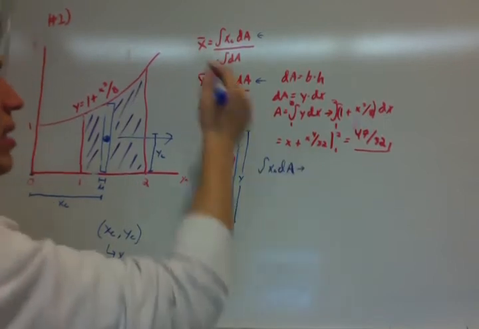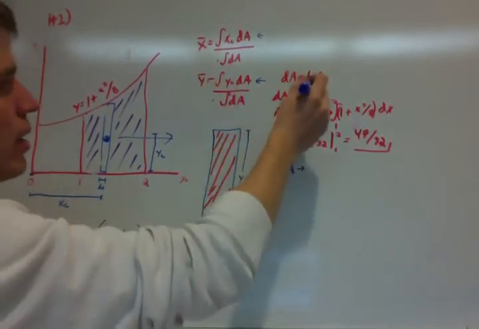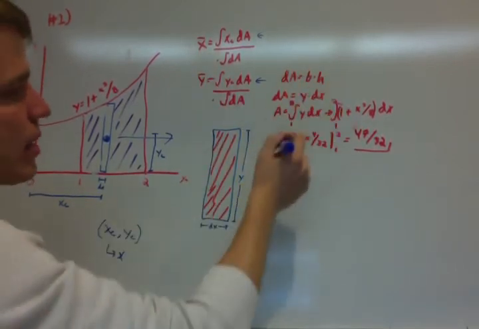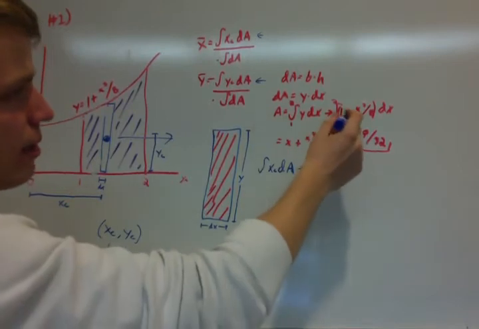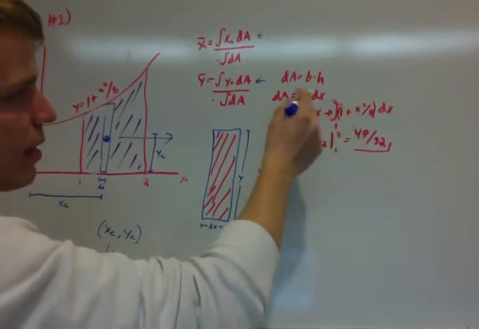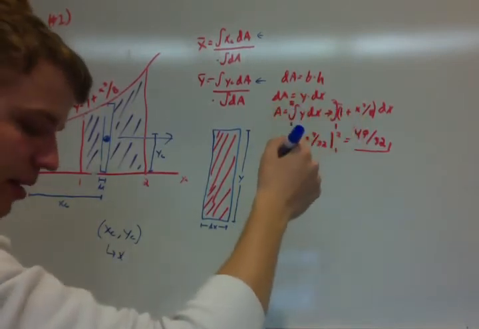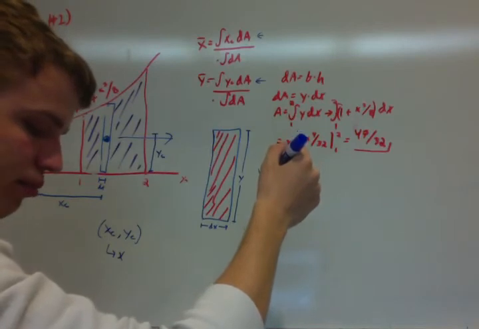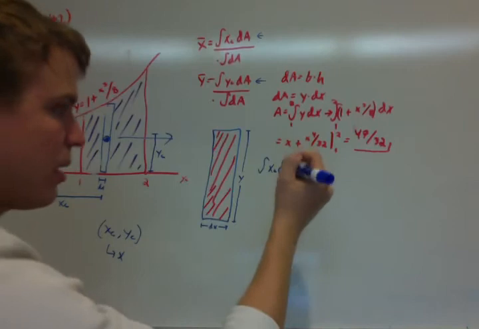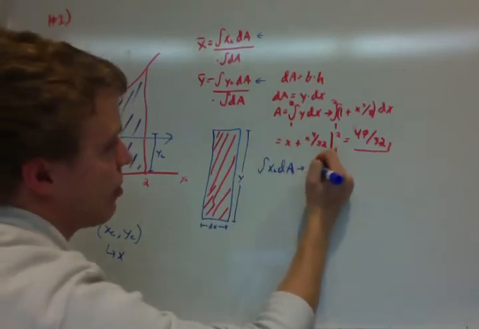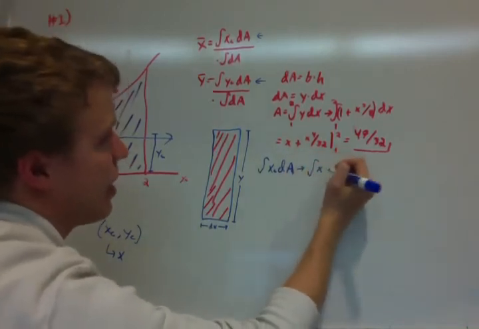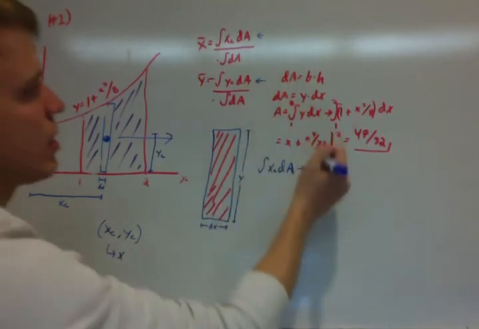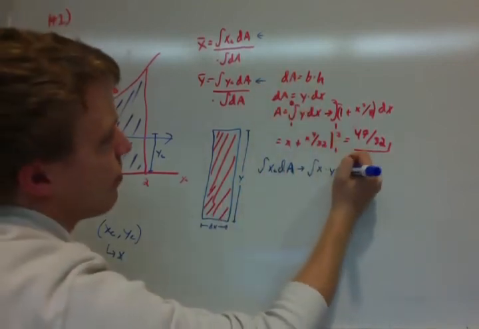So if we plug this in, we know dA was y dx, right? Or in other words, this thing, where'd it go? Yeah. We know that. So we're going to carry this through. It's going to be the integral of x times dA, which we said was y dx.